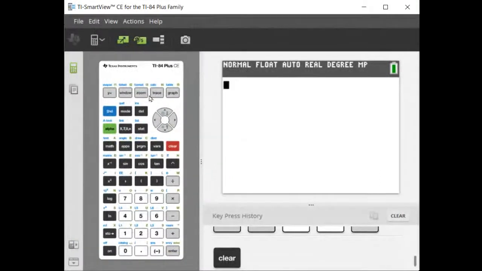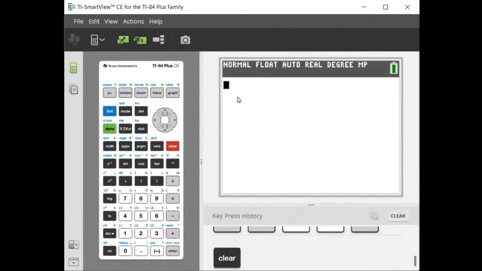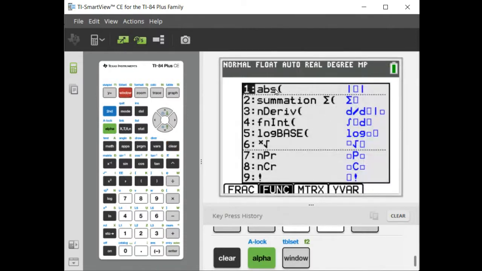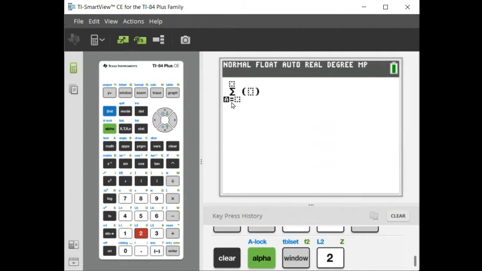So if you're using ClassCalc, this will also show up there. I'll try to use ClassCalc and see if I can figure it out. All right, so here, if you have the TI-84, you press alpha window, and the summation is the second option. So press 2. Now here you need to type in the index. You can use any letters you want.